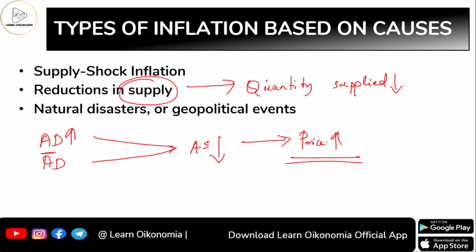But if it is a natural disaster that happens in an area where the majority of the people are engaging in agriculture, definitely that might sometimes impact aggregate supply, isn't it? Because this particular production might be impacting the whole economy, because this might be the area that might be supplying commodities for the major part of the country, means definitely aggregate supply would be coming down, right? So that again would lead to more prices. Again, it's an inflationary scenario.